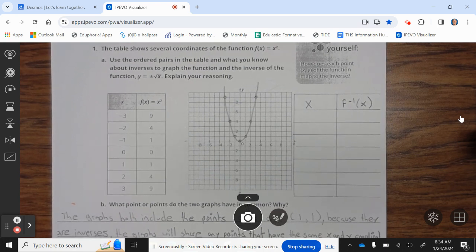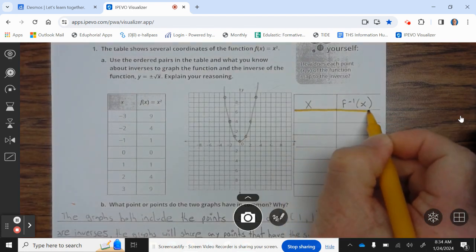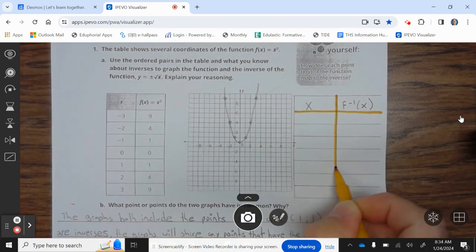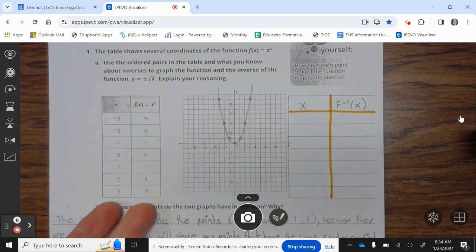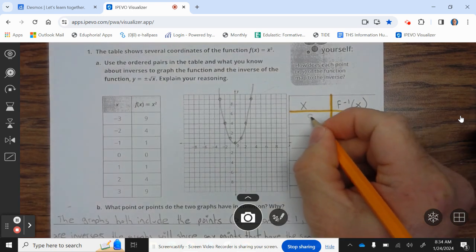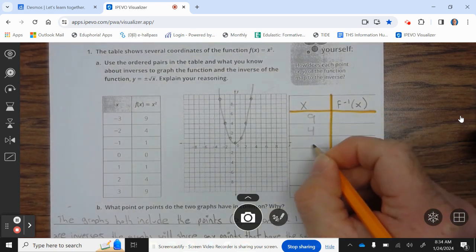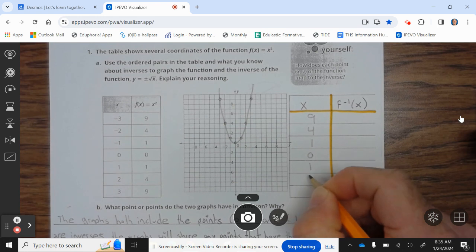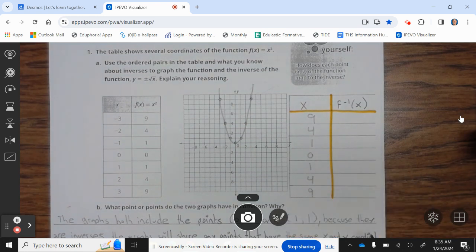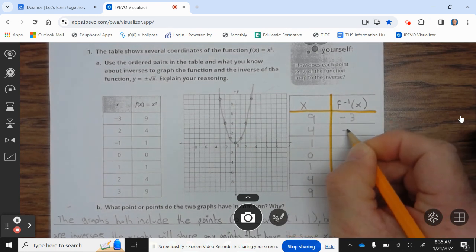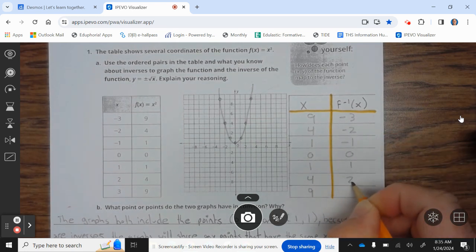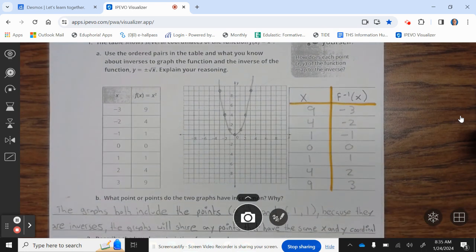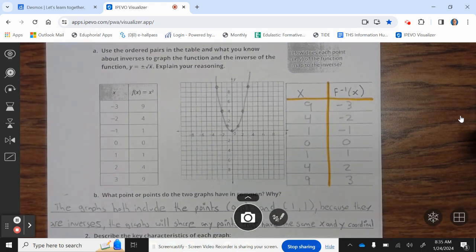All right, now let's go ahead and graph the inverse in yellow. For the inverse, we switch the points. So the x-values become 9, 4, 1, 0, 1, 4, 9, and the y-values become negative 3, negative 2, negative 1, 0, 1, 2, 3. All right, let's graph those points.